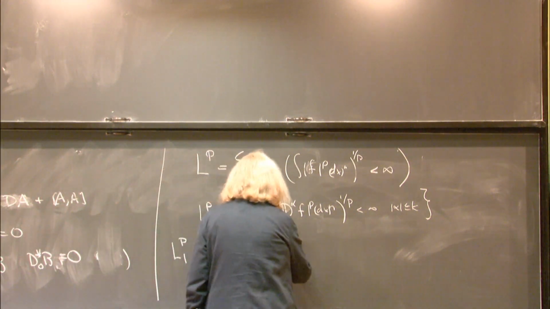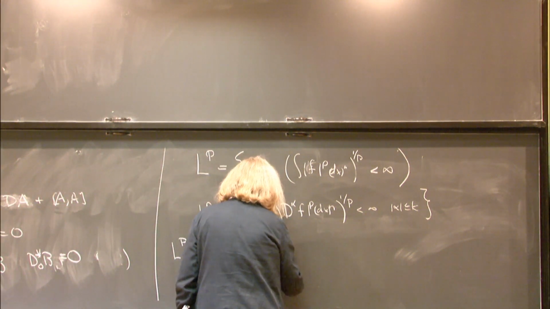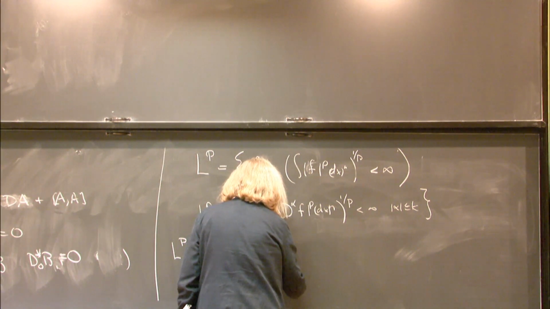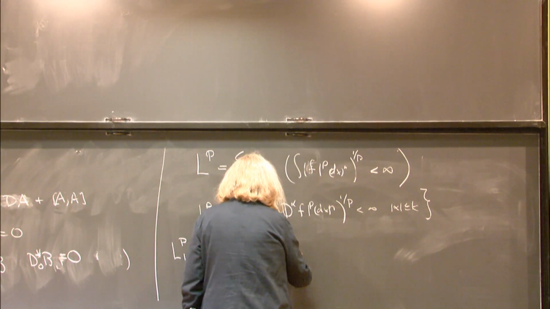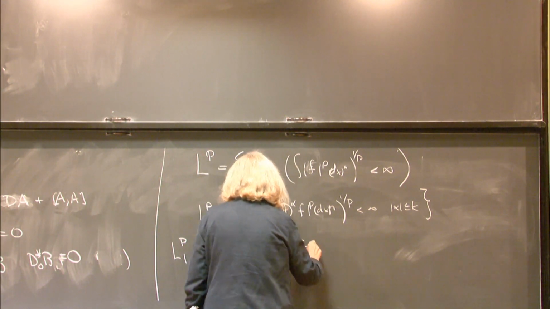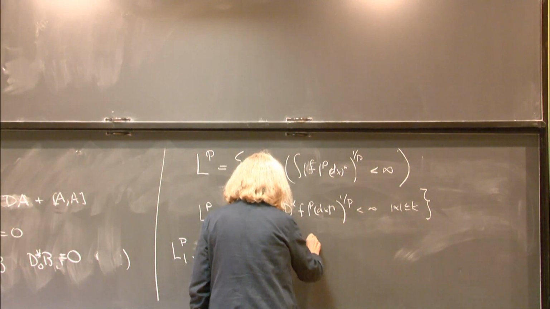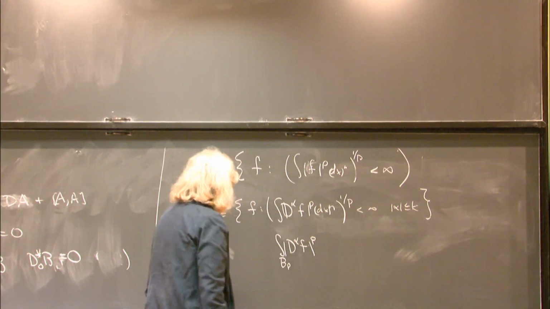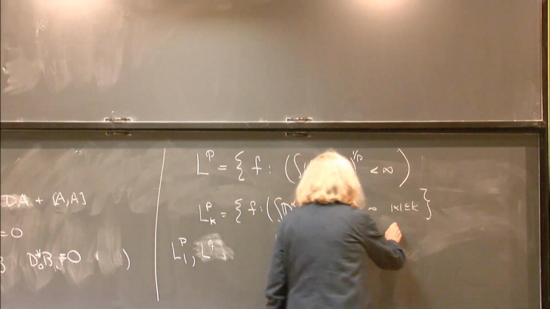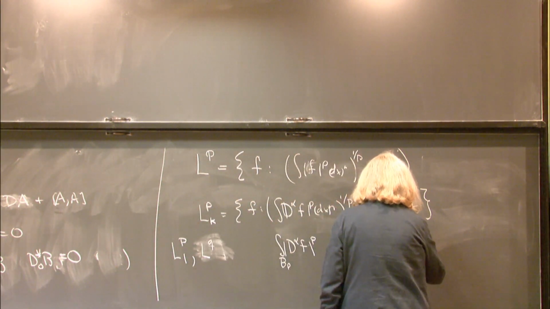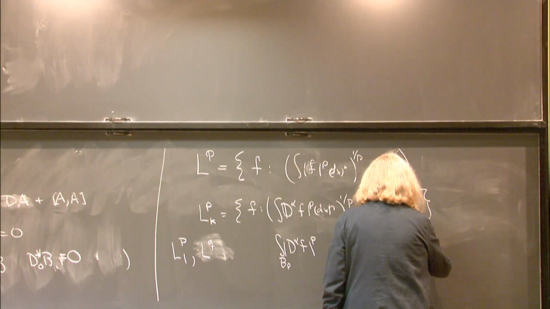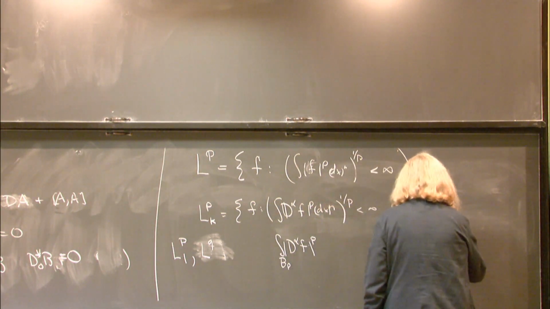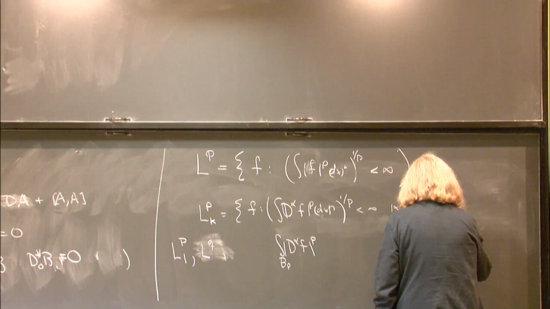What you do is you take the integral on the ball of radius rho of |∂^α f|^p, and we look at the integral of |f|^q dx.